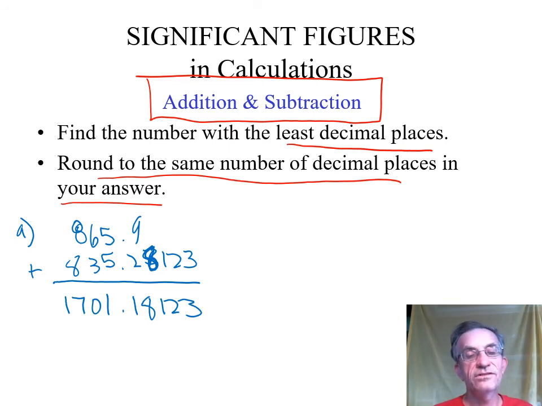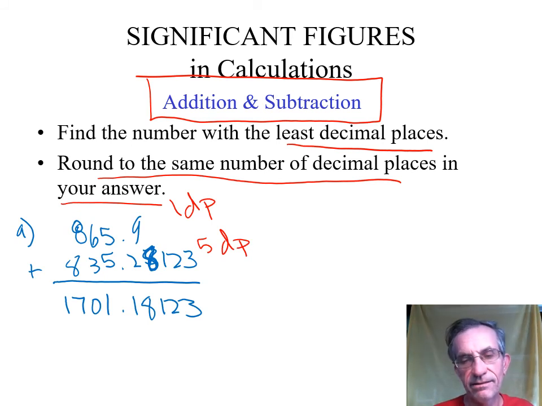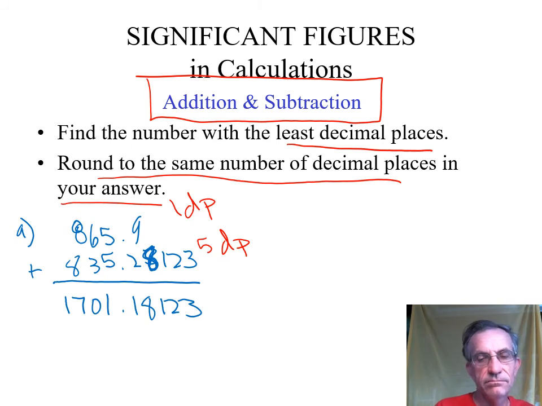So what you do is you look at the numbers you're using and you count out the decimal places. The top one has 1 digit after the dot, 1 decimal place. The second one has 5 digits after the decimal place. You go by the least amount. That means I only want 1 digit after my decimal place.